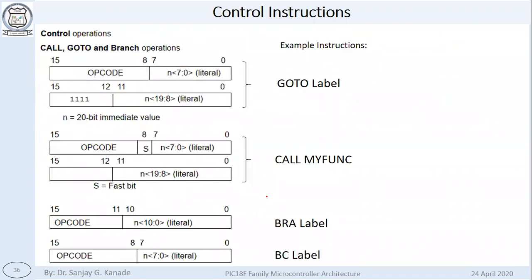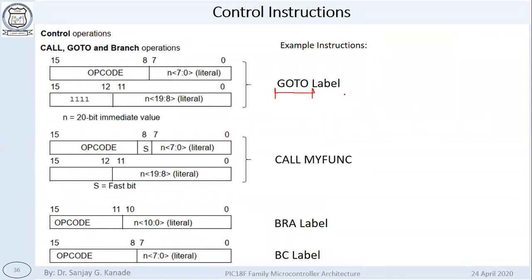Okay, examples. Here we are only talking about the names of the instructions. We are not actually looking into the details of these instructions. Okay, one very good instruction you can say is goto. As the name says, goto will take the control from one location to whatever location you want.